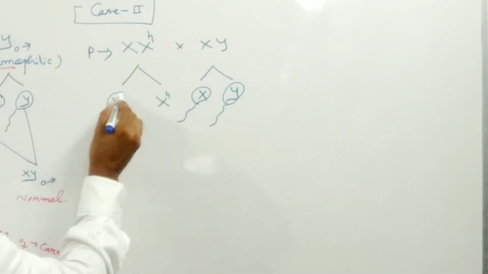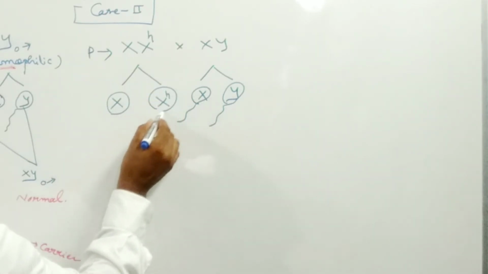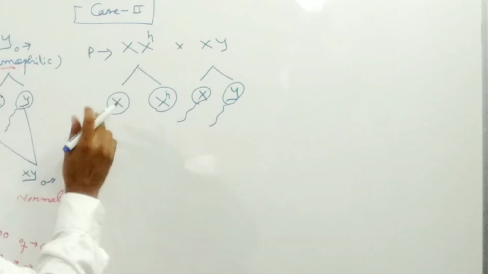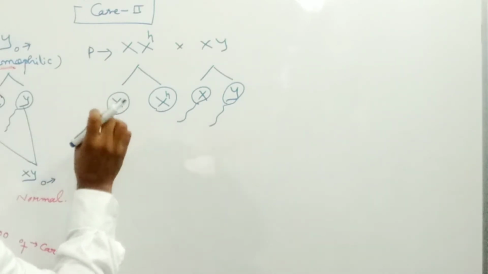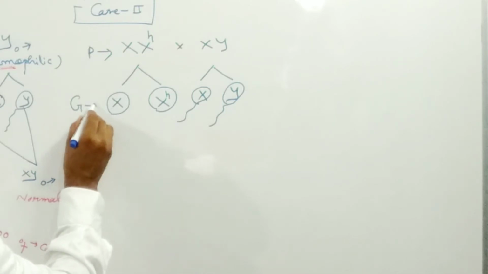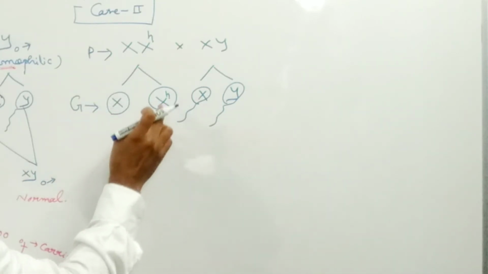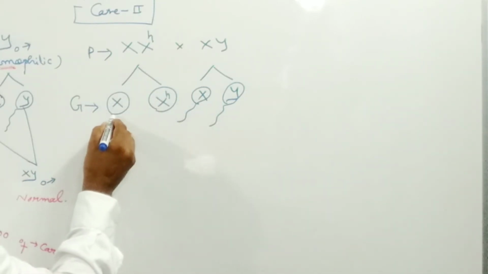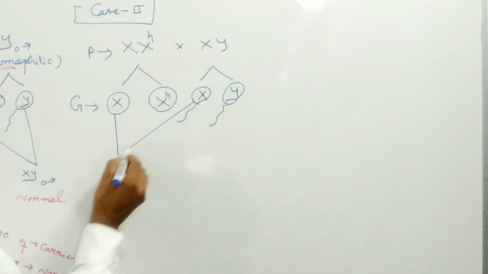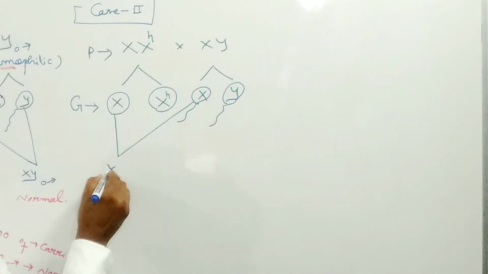Now the female also produces eggs, and 50% of eggs have the normal X chromosome and the other 50% of eggs have the defective hemophilic gene. If the fusion takes place between these two gametes, then what happens?